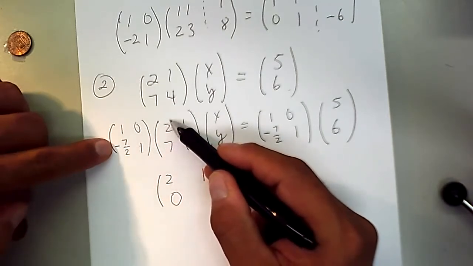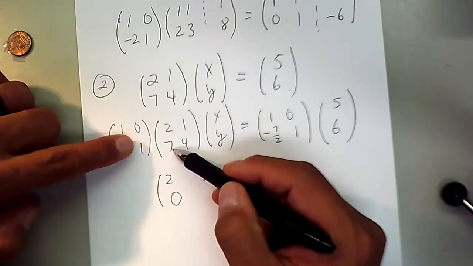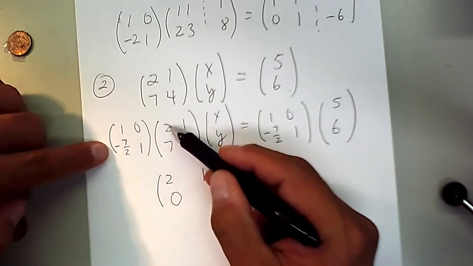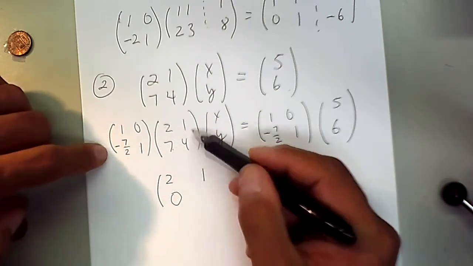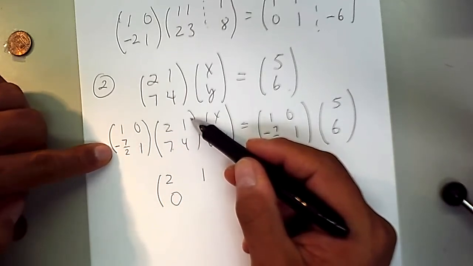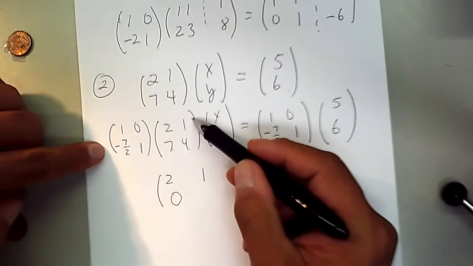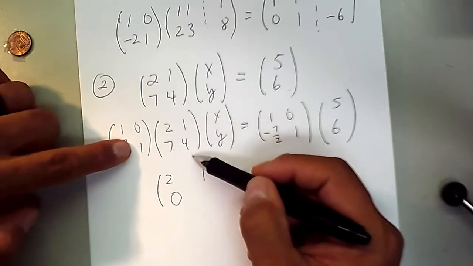And then as we move on to the next multiplication, we end up with 7. Negative 7 plus 7 is 0. Well, here we're going to have negative 7 halves plus 4.